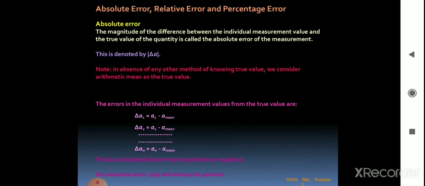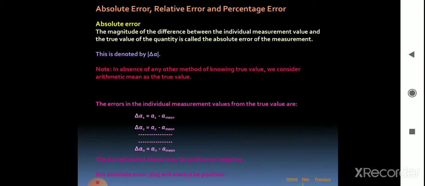The accuracy of a measurement is a measure of how close the measured value is to the true value of the quantity. Precision tells us to what limit the quantity is measured. Errors in measurement can be broadly classified as two types: systematic errors and random errors.